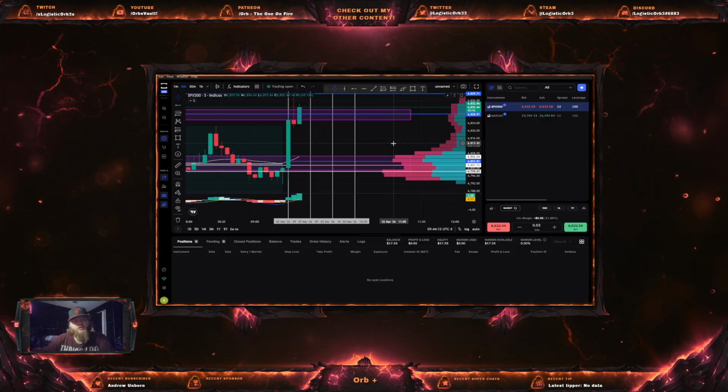Definitely am going to be doing this next time, just to see if I can get that to work. We haven't heard about it yet after a failed point of control. The logic in the move down was for it to test the low, or test the highs, and then continue lower. But now we're looking for the flip side of that, for the lows. So right now, you'd be looking at the lows on the move up past this fair value gap, because we need to see it move higher.